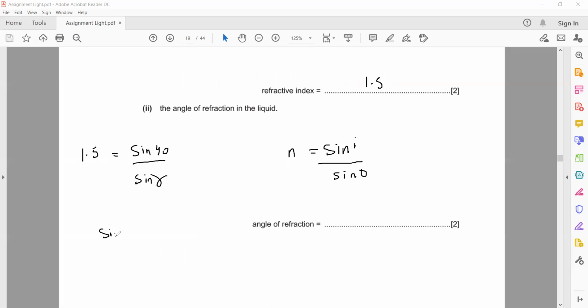So cross multiply: sine R equals sine 40 divided by 1.5. What's the answer for sine 40 divided by 1.5? It's 0.42, and take the sine inverse of 0.42.